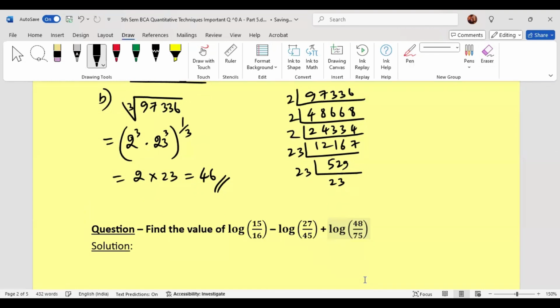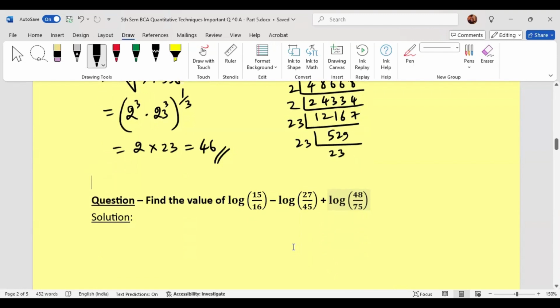Next one, find the value of logarithm of 15 by 16 minus logarithm of 27 by 45 plus logarithm of 48 by 75.